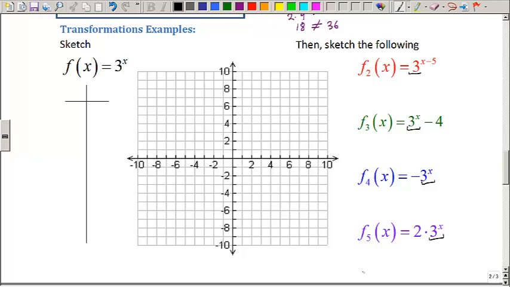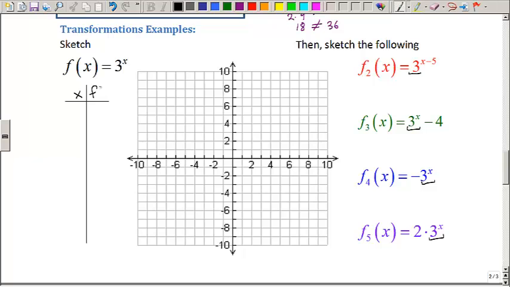If one of these functions said f of x is equal to 2 times 5 to the x, well, then you can't very well use this parent function. You'd have to create a new parent function for 5 to the x. Now, we're not actually talking about that one in this particular step, but I needed you to understand that the reason these all go together is because they all have a common parent function 3 to the x.